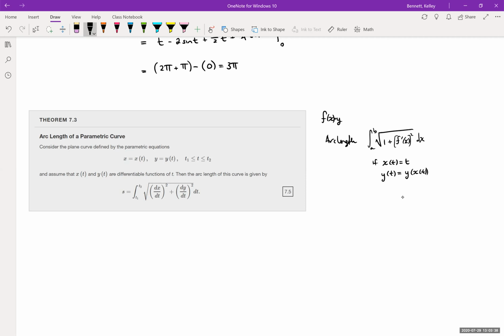And so dx dt would just be 1, and dy dt is just y prime of x times x prime of t. With this setup, you could move through the flow of how it becomes this in the setting of a parametric curve.